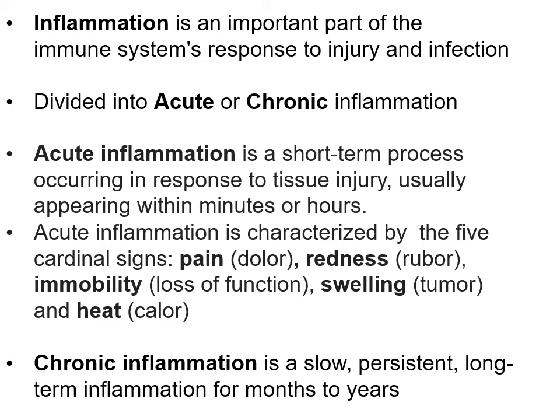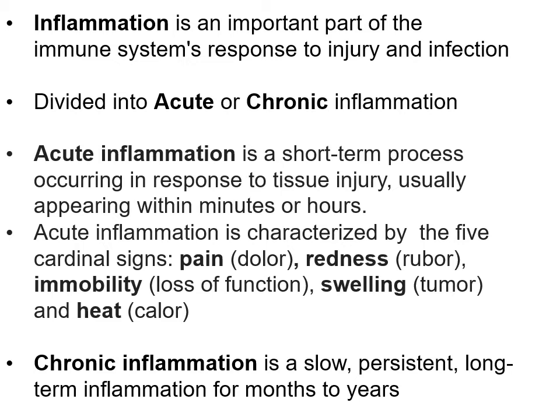And we went over the main signs of acute inflammation being pain, redness, immobility, swelling, and heat. And make sure you understand where those come from, right? What's the process that causes those 5 cardinal signs?